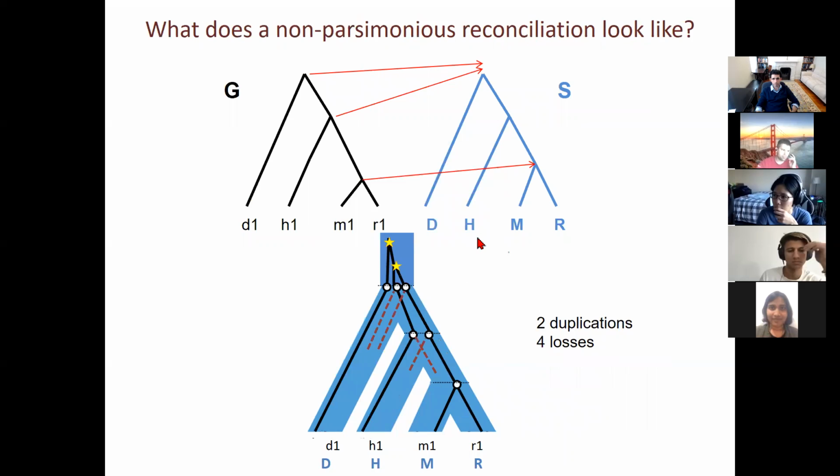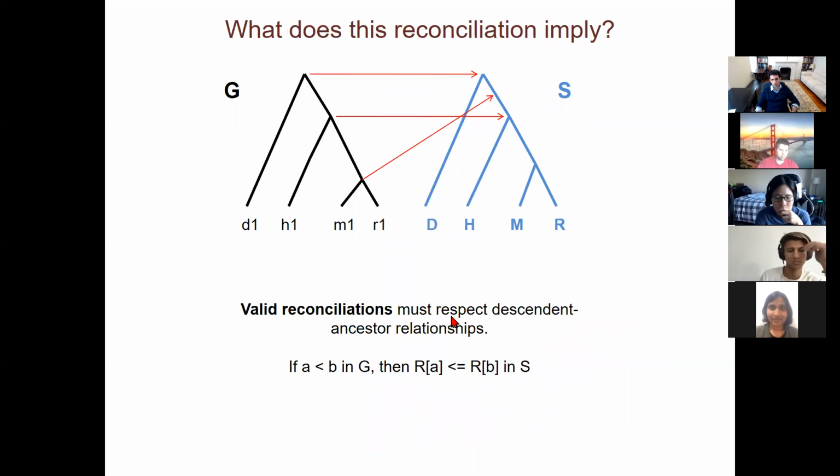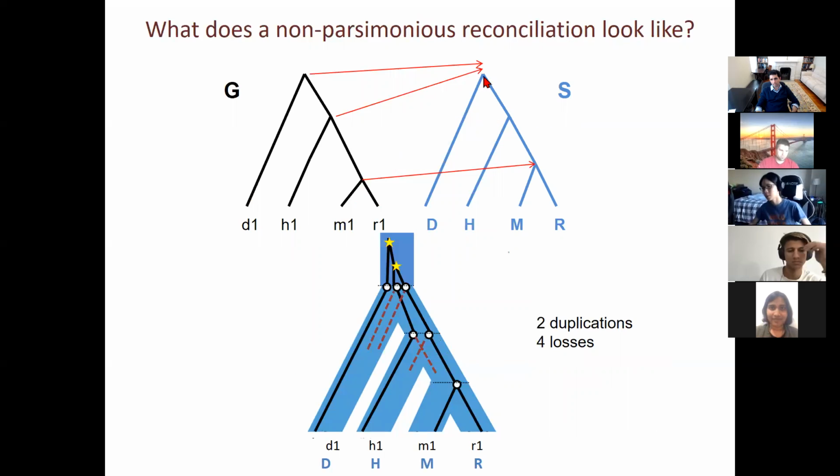There are no questions. Okay, so if it's a non-parsimonious reconciliation, for example, if now human is up there and incorrectly reconciled, then I can infer multiple duplications and losses. But in fact, this reconciliation is not minimum cost.